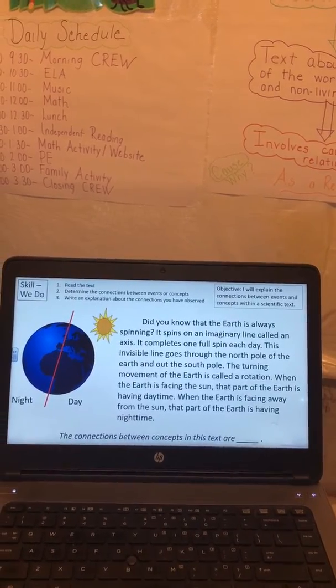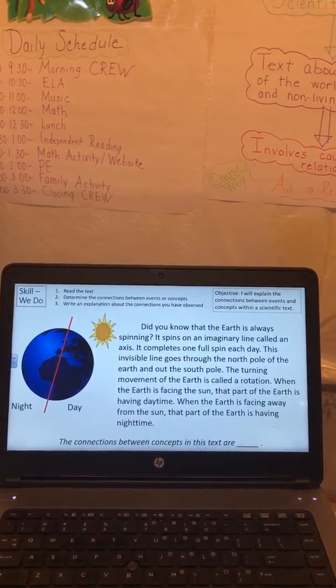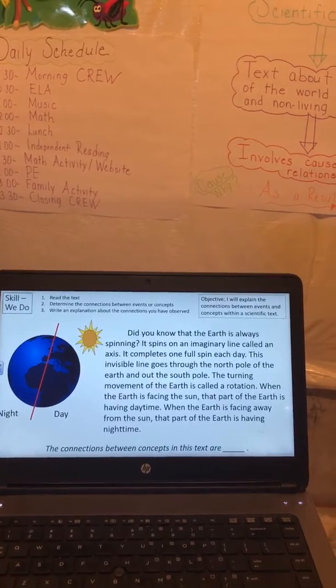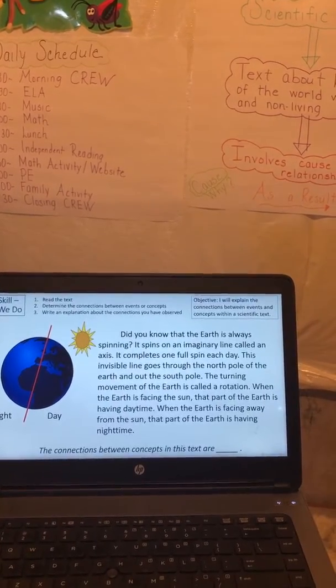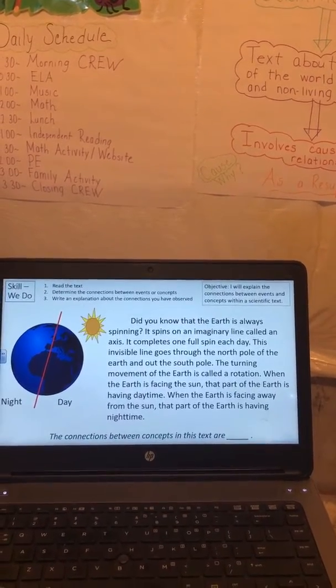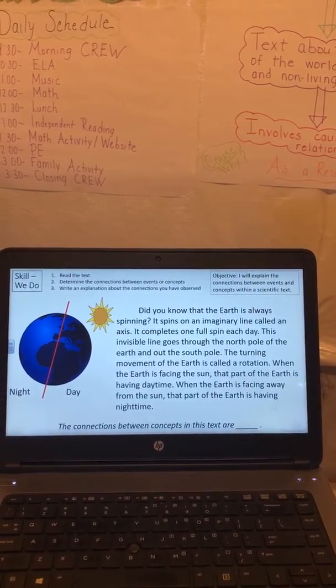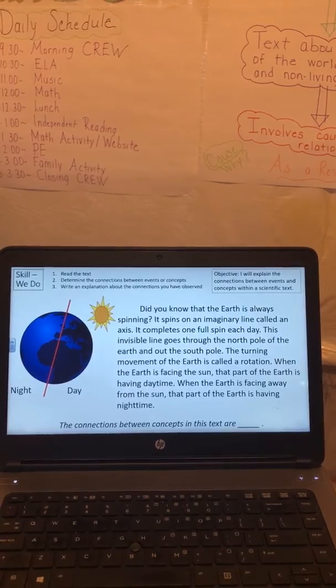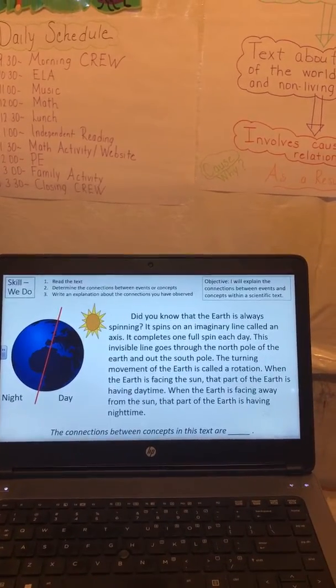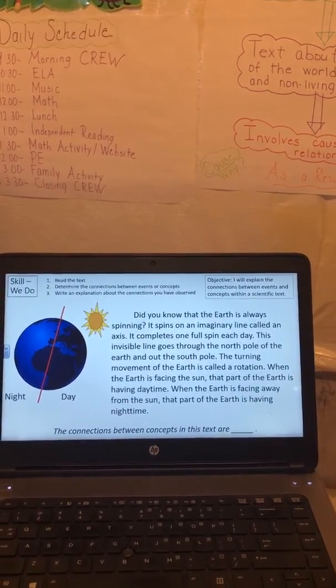Right? So I'll give you a moment to go ahead and grab either a pen or a pencil, a journal, or some paper to write on. Okay? And then we're going to read the paragraph together, and we're going to talk about the connections and written explanation that we can make with what we've observed.